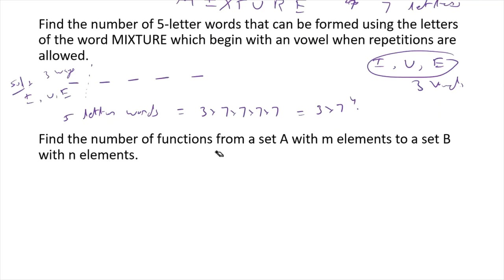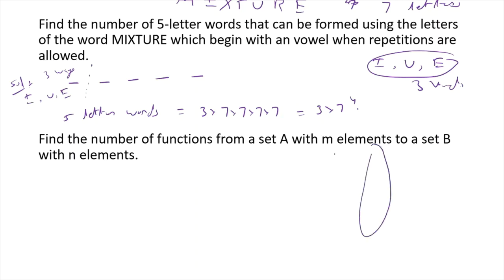Next, we have an interesting problem. Find the number of functions from a set A with m elements into a set B with n elements. So we can find the number of functions from a set A with m elements into a set B with n elements using these permutations.